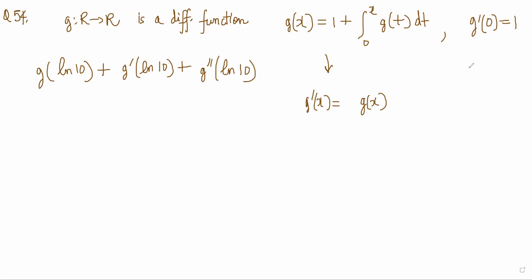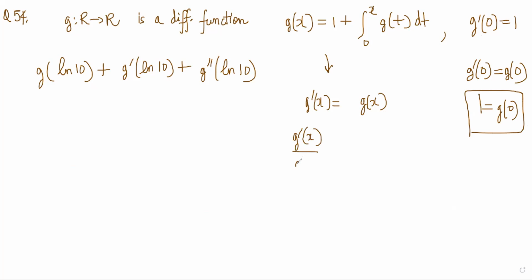g dash x is equal to g of x. Now g dash 0 is therefore g of 0, right? And now we have g dash 0 is 1. So g of 0 is actually 1, right? Now this can be integrated here. g dash x by g of x is equal to 1. Integrating, you get ln g of x is equal to x plus c.